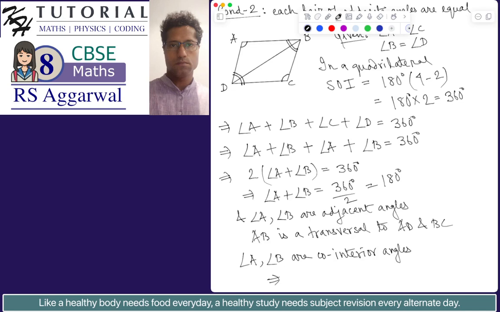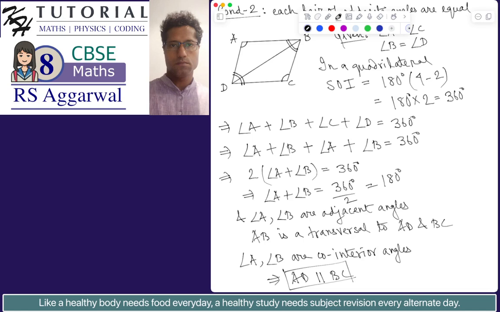We know that if a transversal is cutting two parallel lines, then the sum of two co-interior angles is equal to 180 degrees. The reverse is also true. If the sum of the two co-interior angles is 180 degrees, then the transversal is cutting two parallel lines. So we can say that AD is parallel to BC. So we have proved that one pair of opposite sides are parallel.